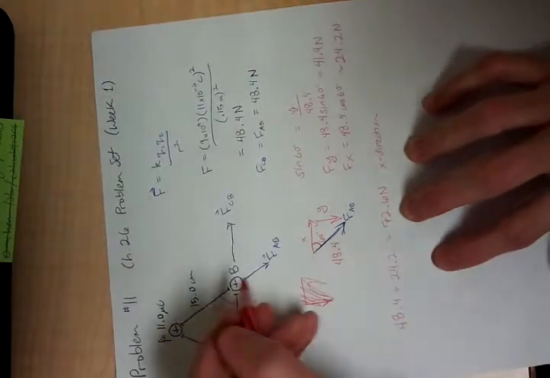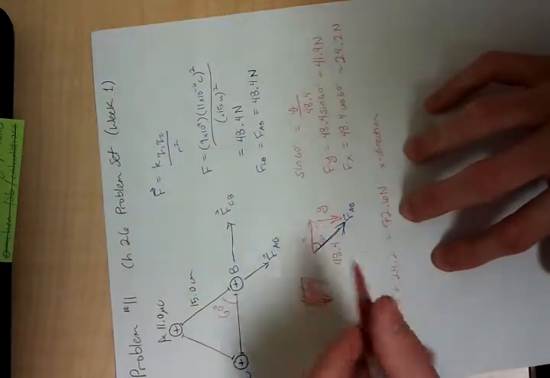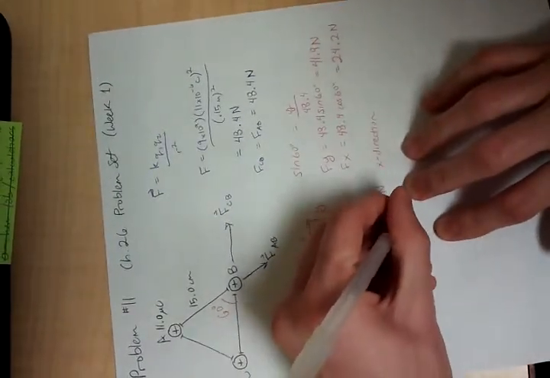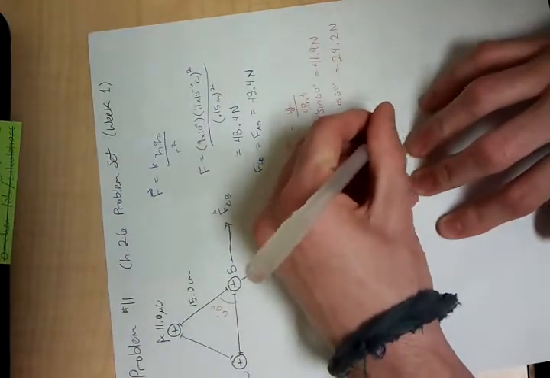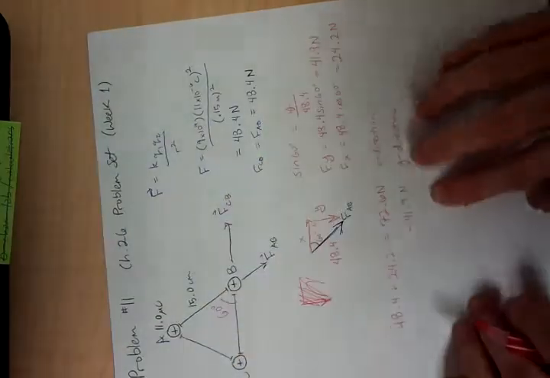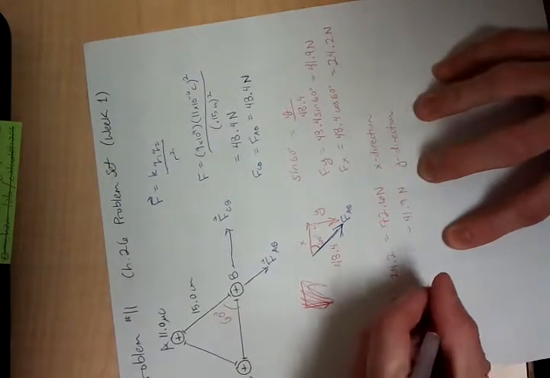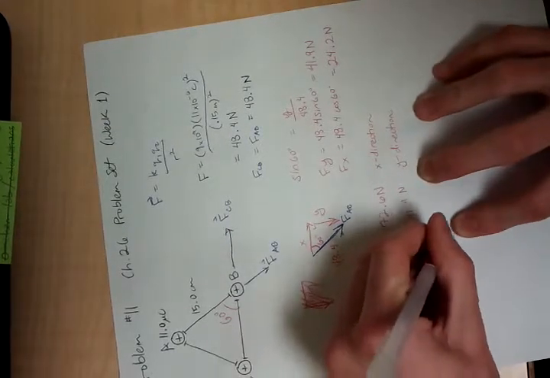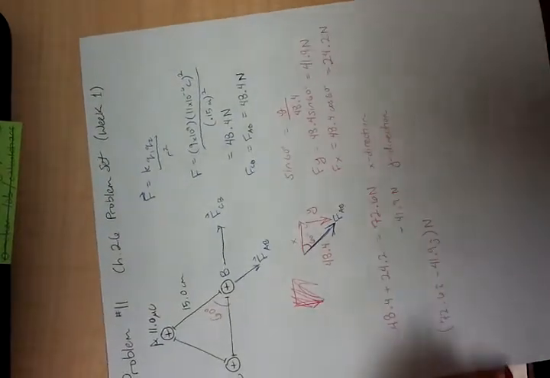In the y direction, the only force is in the downward, or negative y direction, so we have negative 41.9 newtons. In vector notation, this is 72.6 i minus 41.9 j newtons. But they wanted the magnitude.